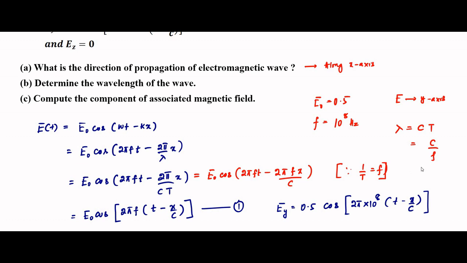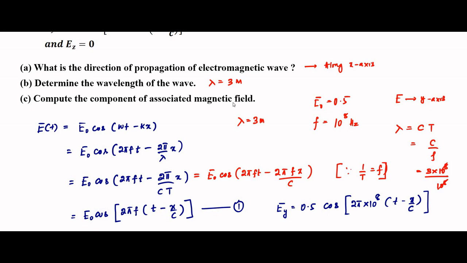That implies lambda is equal to c by f, which is equal to 3 into 10 to the power 8 by 10 to the power 8. This gets cancelled. So lambda is equal to 3 meters. The wavelength of the wave is 3 meters.